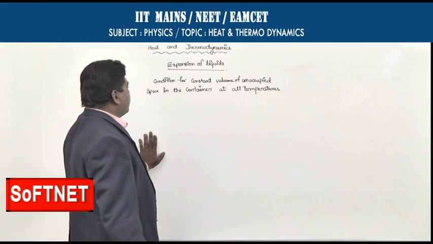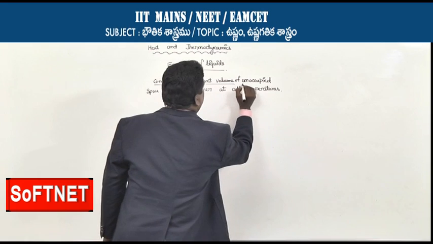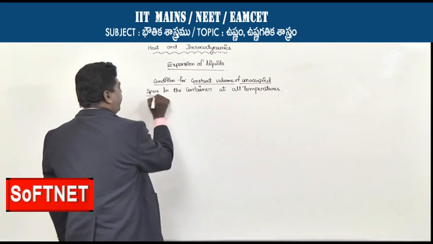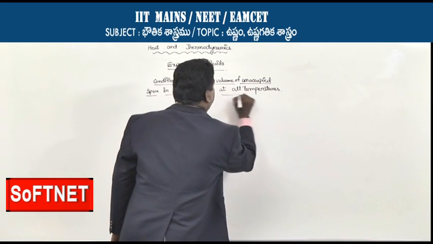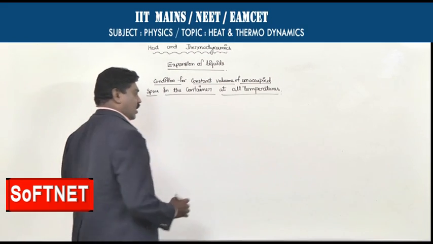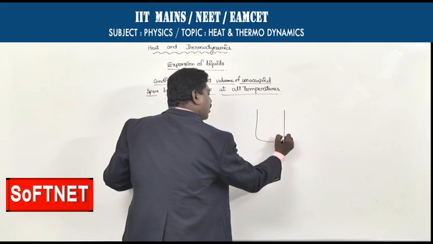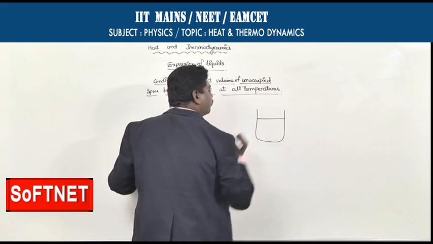Now let us try to understand the condition for constant volume of unoccupied space in the container at all temperatures. Let us consider a container having a liquid in it.